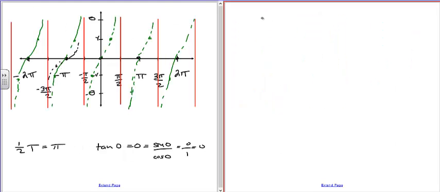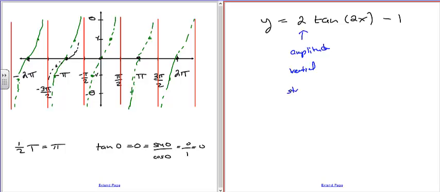Okay, the second one we're going to look at is y is equal to 2 times the tangent of 2x minus 1. So the -1 is outside of the parentheses. This has to do with the amplitude, or we can call it the vertical stretch, just like this 4 in the previous problem was the vertical stretch.